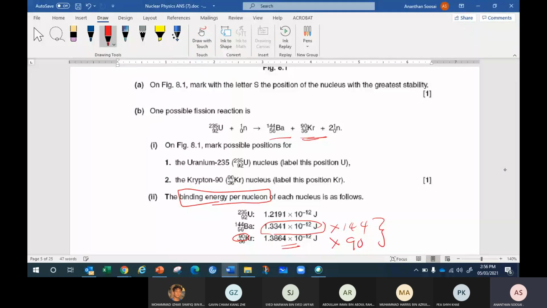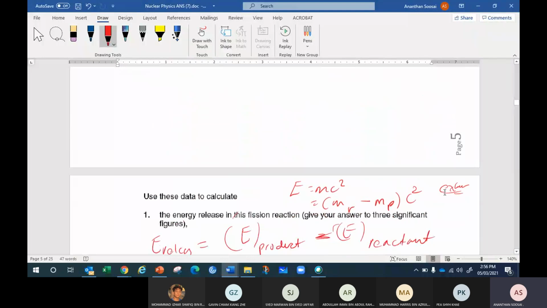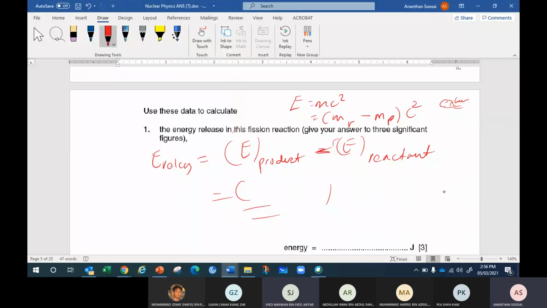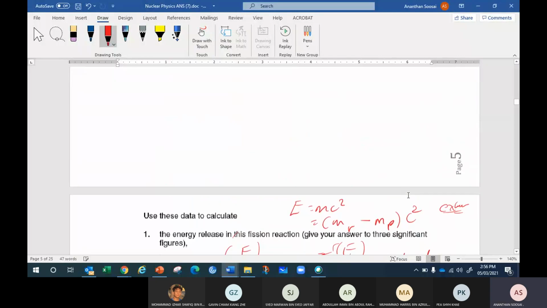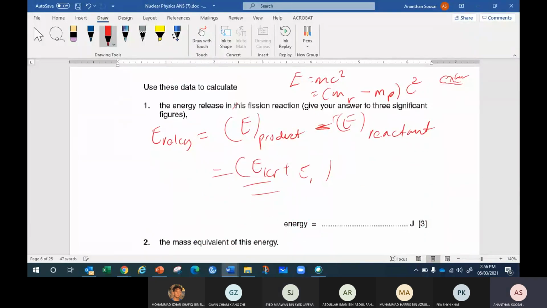These two energies add up, and you get the total binding energy of the product. The reactant is only the uranium. So krypton plus barium, minus the uranium. So you get the energy in joules.